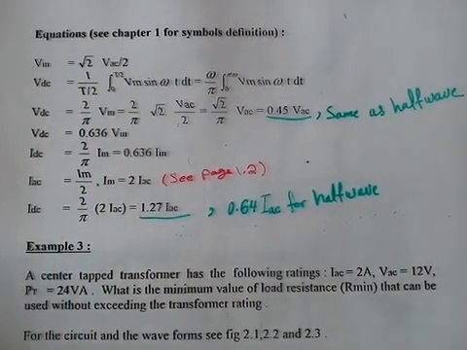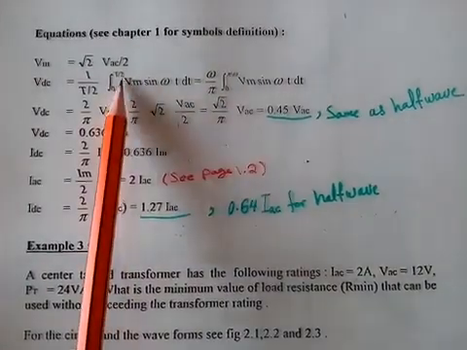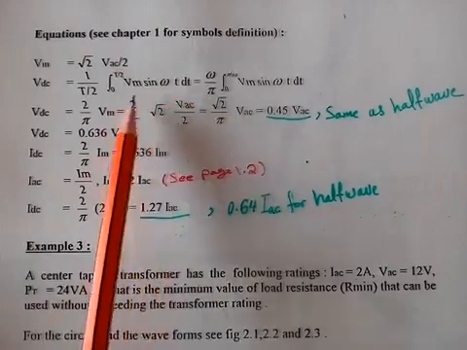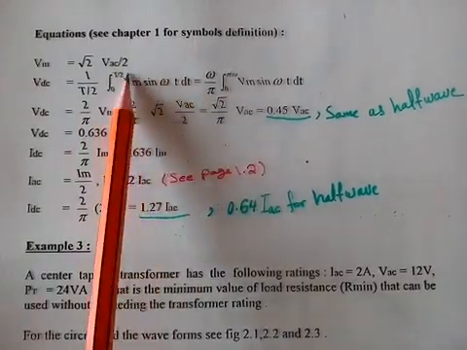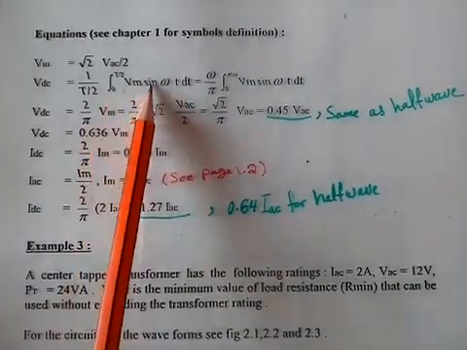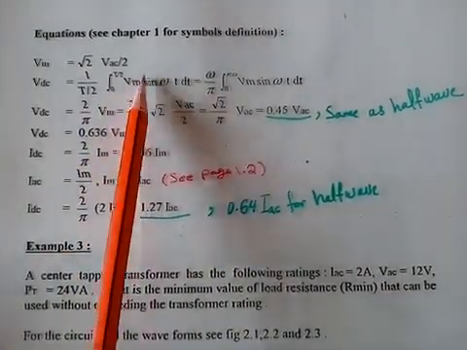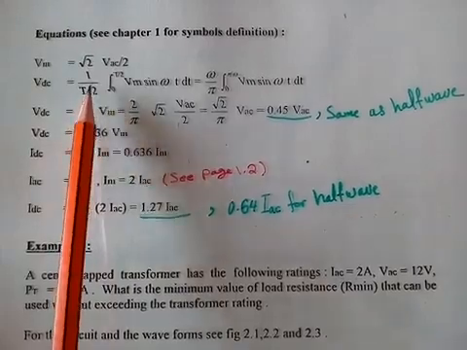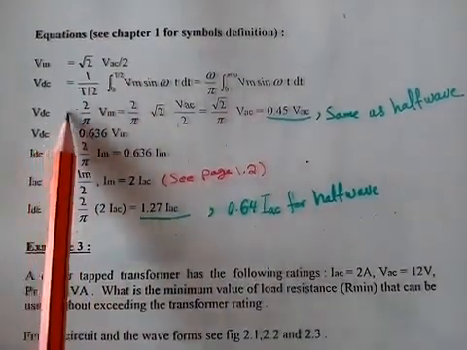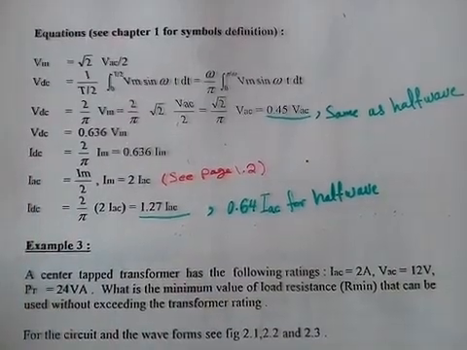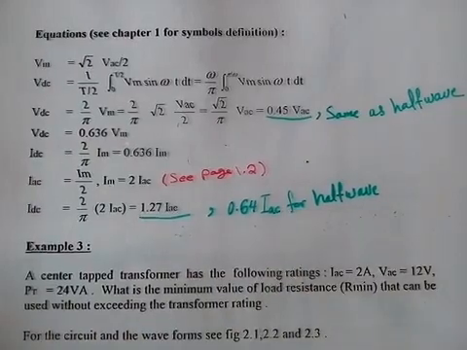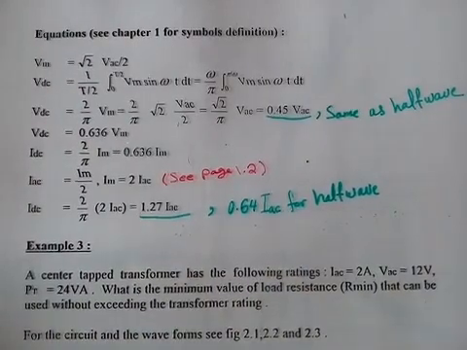The VDC is the area under that function, which is Vm sine omega t dt. When you find that area by integrating that half sine wave and averaging that area over T over 2, you get your VDC, which equals 2 over pi multiplied by the maximum peak voltage, or Vm.